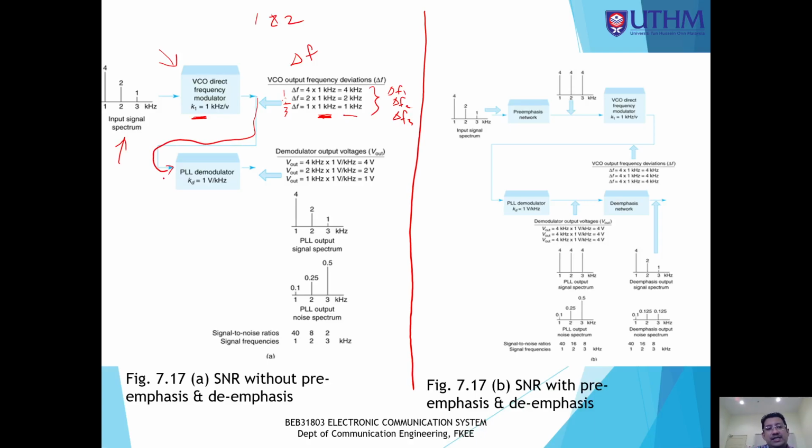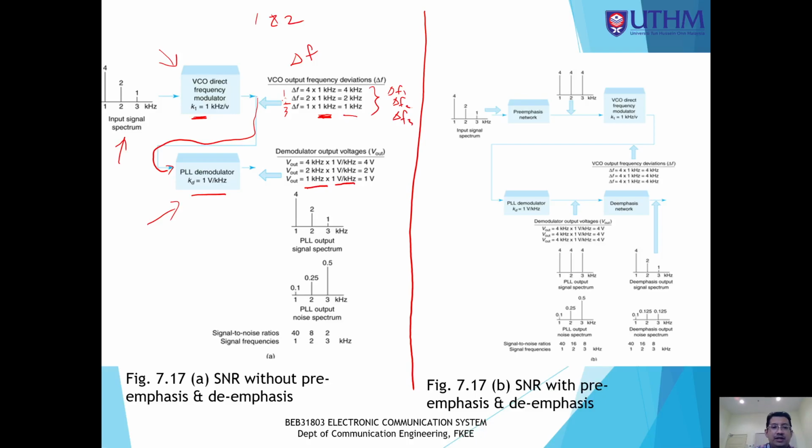The receiver has a phase locked loop PLL demodulator with another sensitivity parameter, 1 volt per kilohertz. From here, I can calculate the V out by multiplying the delta F with the PLL sensitivity parameter.